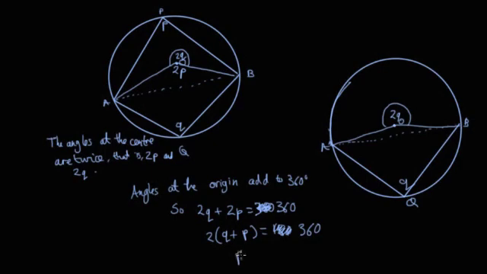So P plus Q must equal 180. So we've shown that this angle added to that angle has to always add up to 180.